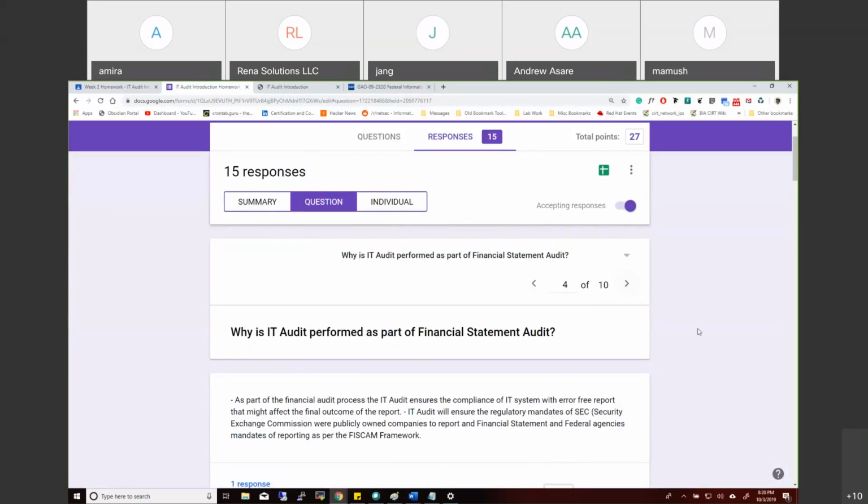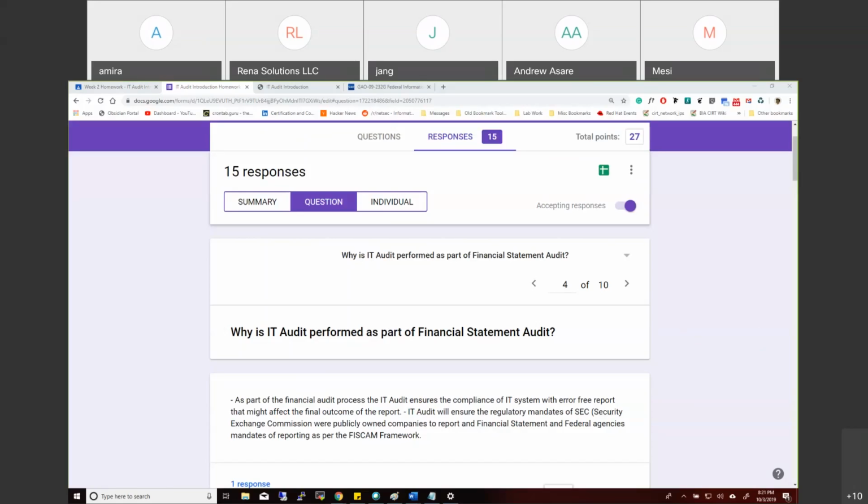Why is IT audit performed as part of financial statement audit? The IT audit is performed as part of the financial audit because the financial audit group needs to know that the controls are reliable and effective, and it saves them time and also saves budget, I guess.